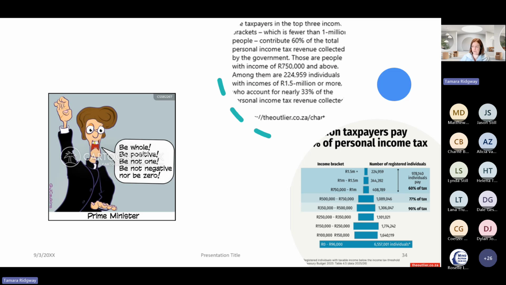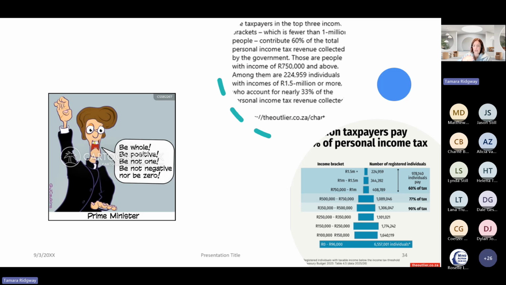Okay, there's a beautiful graph. You can decide based on your class if you want to bring it in at all, but it's a graph that shows you how the majority of the income tax is coming from the minority of the population.